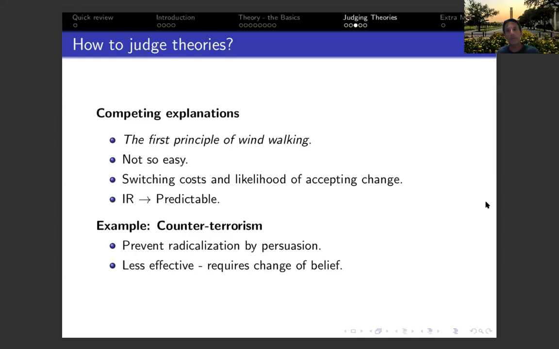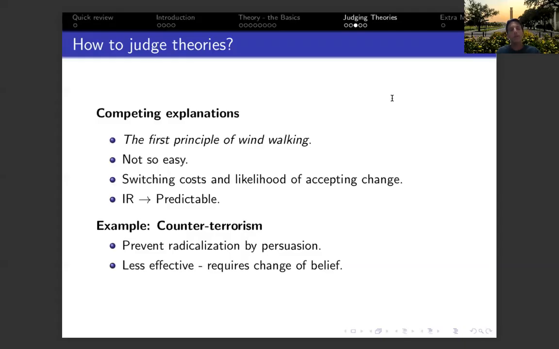The end result is that very few radicals turn back based on persuasion. But when they do, it's one of the most effective methods there are.